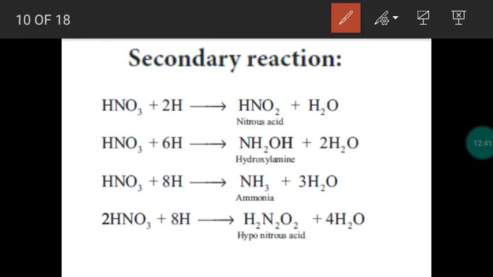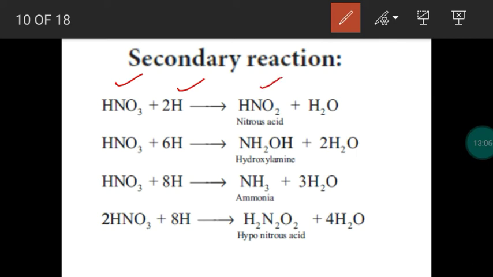Next, the nascent hydrogen formed in the primary reaction will combine with the nitric acid molecules in the container. After the primary reaction, some reactant nitric acid molecules will be there. So the formed nascent hydrogen will react with nitric acid.